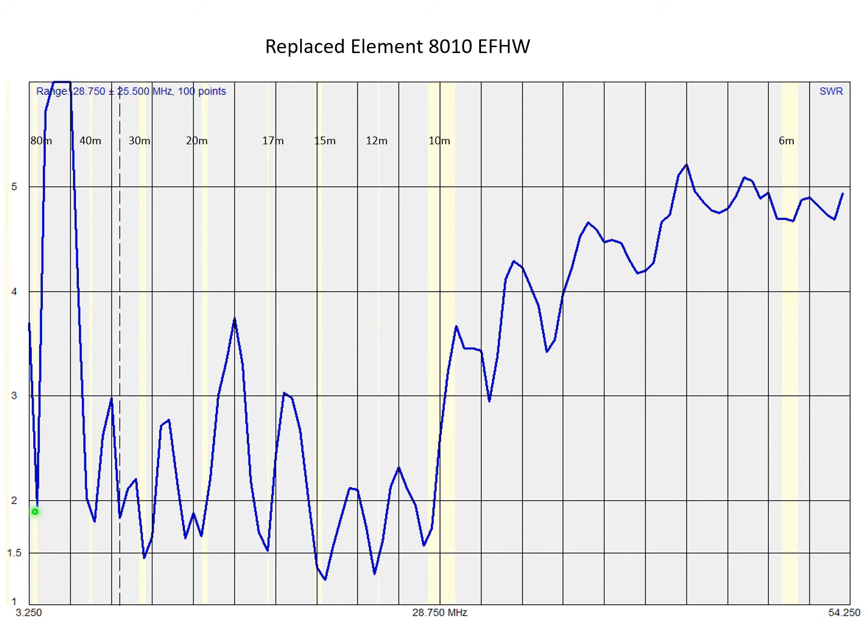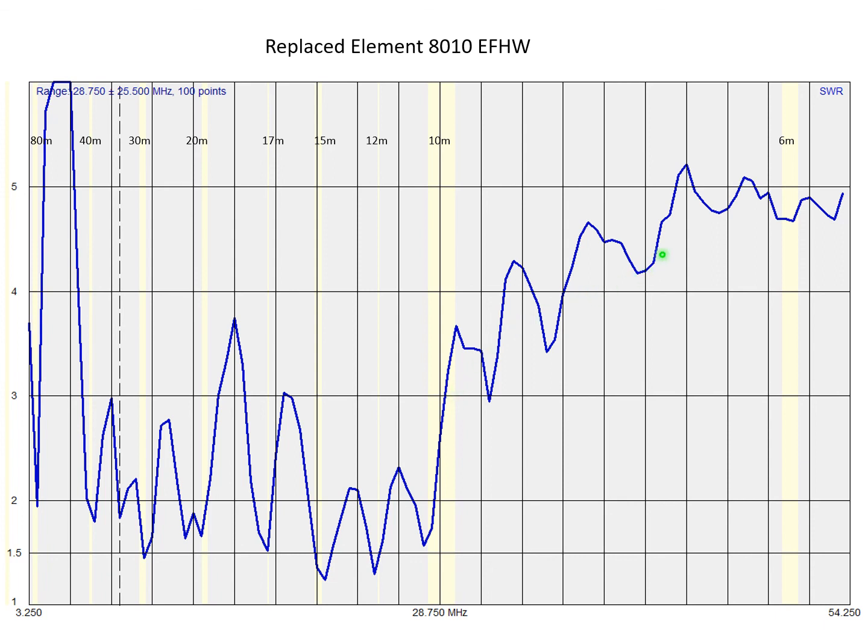showing the SWR at 80 meters, 40 meters, 30 meters, 20, 17, 15, on down to 10. It gets kind of ragged towards the high end of 10 meters.